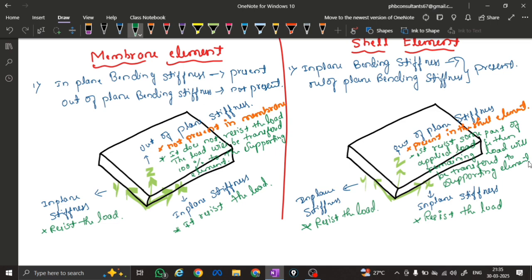It means if we model slab as shell element, then when we apply the load on that shell element, it resists some part of the load, and then it transfers to the supporting element. But in case of membrane element, it doesn't resist any load. Totally 100% the load will be transferred to the supporting elements. Here supporting elements means our beam elements. Okay.